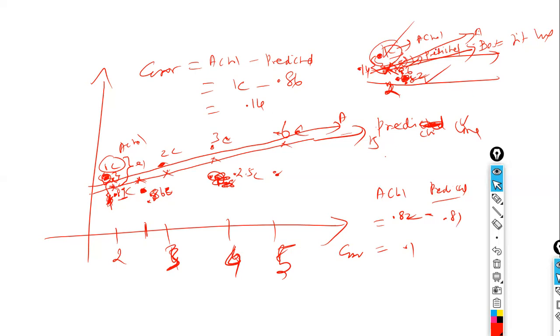Hence it can minimize the error. The best fit line is nothing but the least square. It is also called the least squared error. Okay, this is also called the least square error.